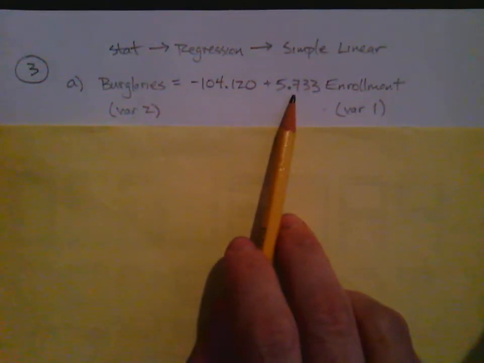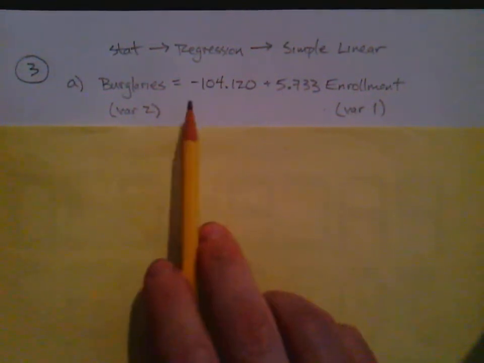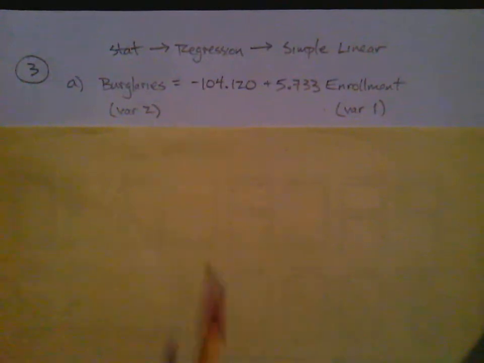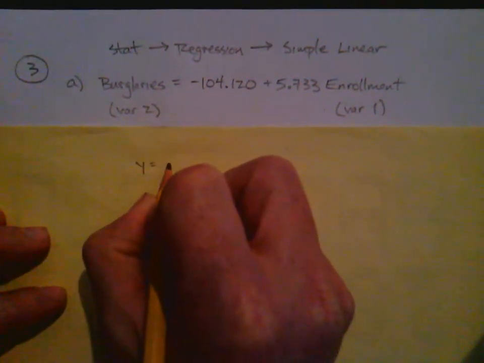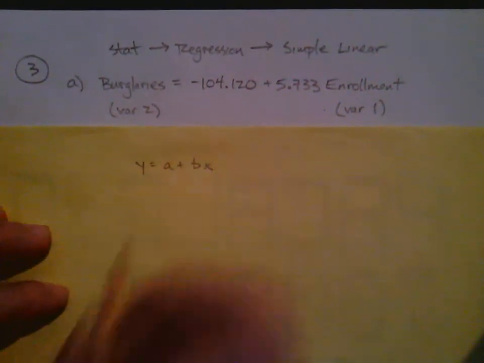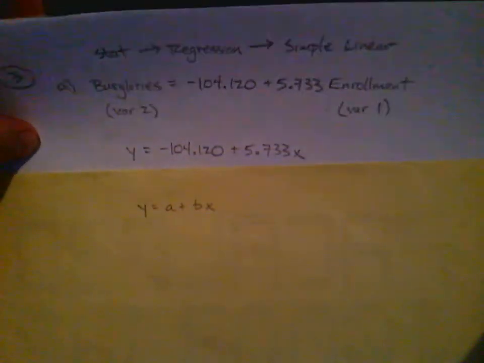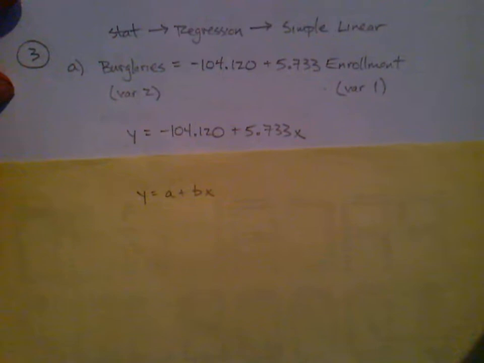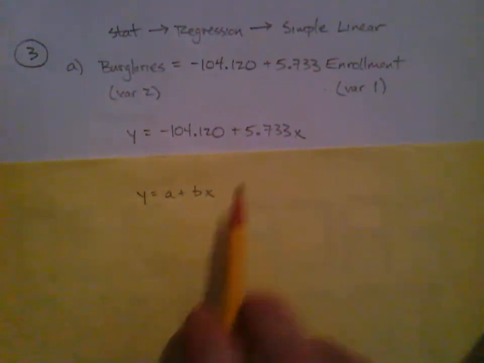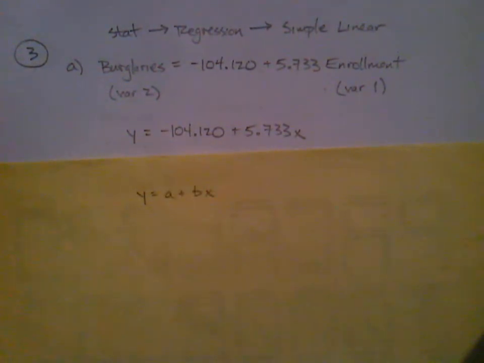So there's the slope right there, 5.733. There's the y-intercept. If you remember the form that we use in stats, y equals ax plus b. You may also find it simpler to just write it in that form with y and x. There's our slope. There's our y-intercept.